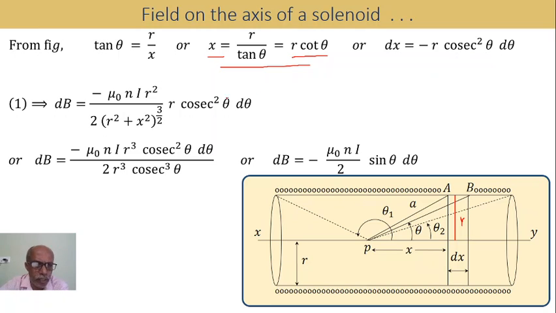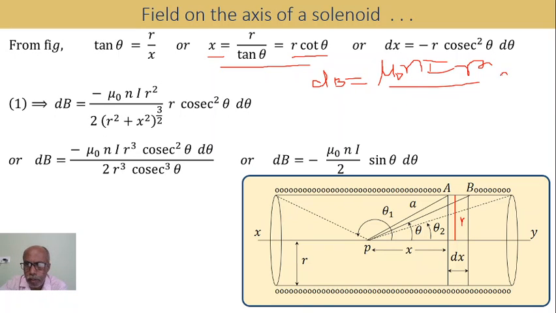Therefore, dB will be equal to, on the previous slide we had dB equals mu naught Ni r square, divided by 2 into r square plus x square whole power 3 by 2. For x and for dx we have substituted this value.